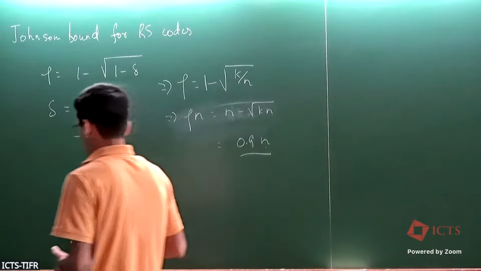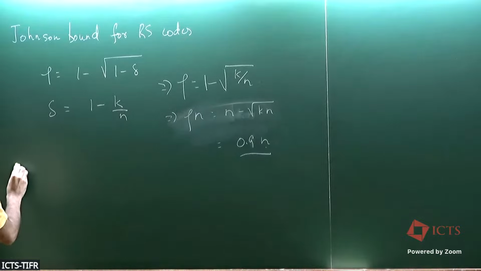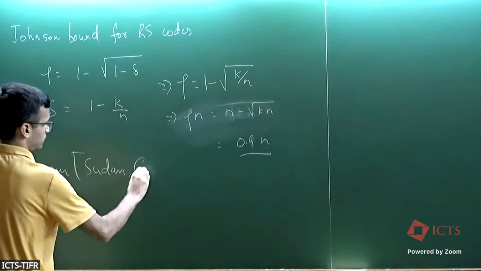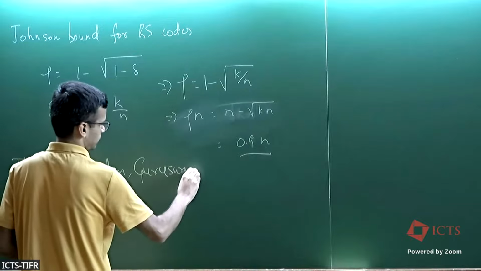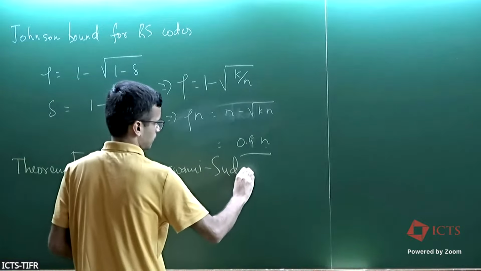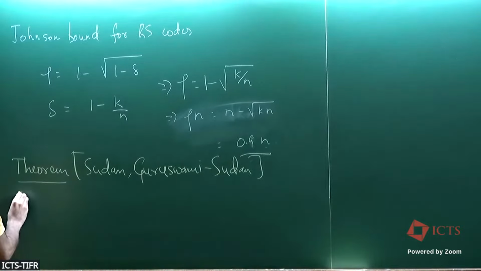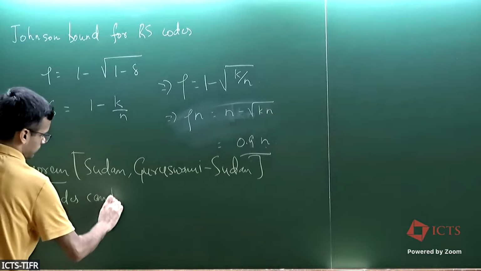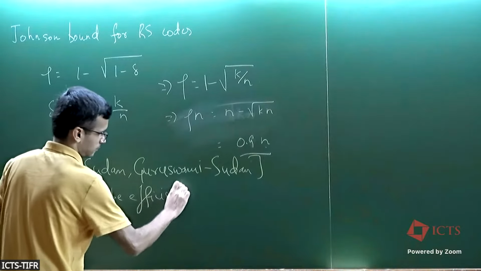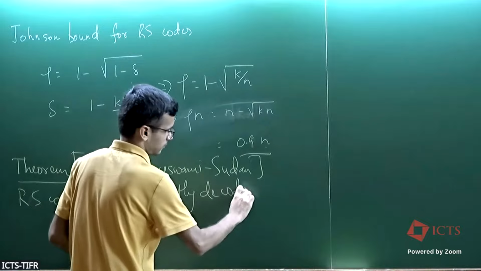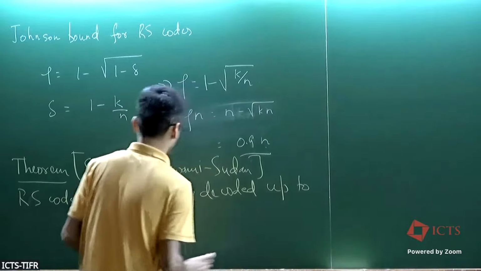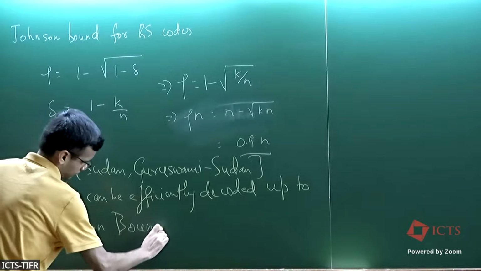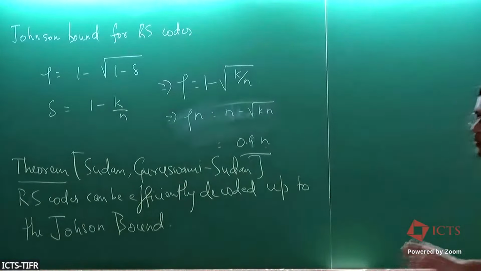And so this was done in 2 papers. So let me mention the theorems. Reed-Solomon codes can be efficiently decoded up to the Johnson bound.